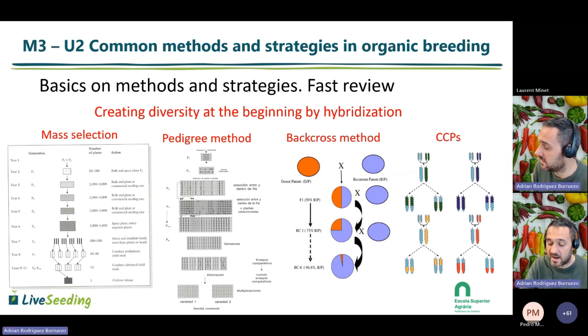During these first phases or generations of selection in the pedigree method, breeders usually select individually the best plants and then track individually the offspring.